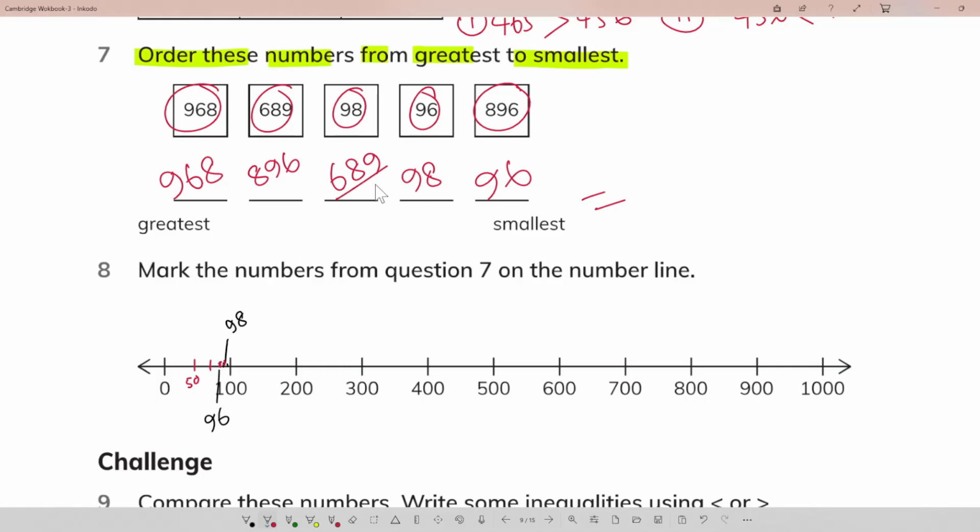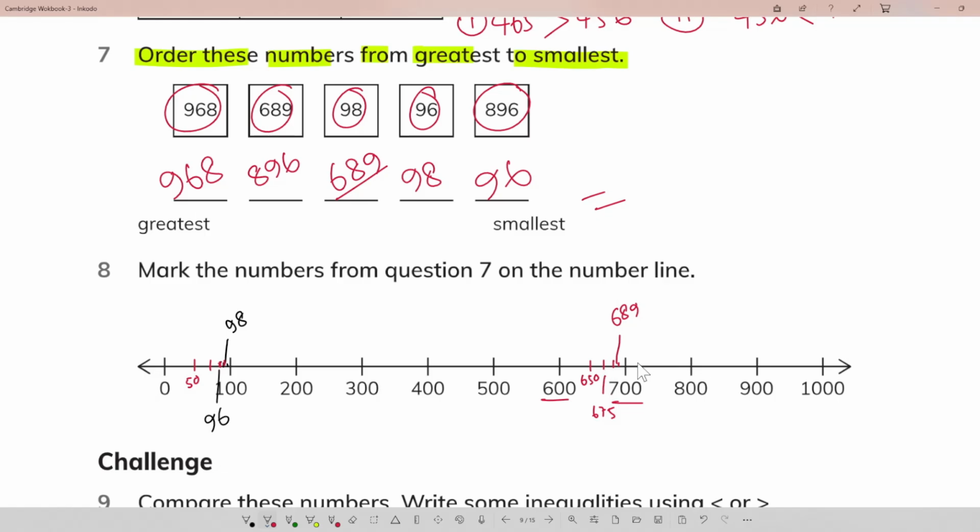How about 689? It goes toward 700, but between 600 and 700 we will get this one. So here is 650, here is 675, and then here is 680, and here we think this is 689.